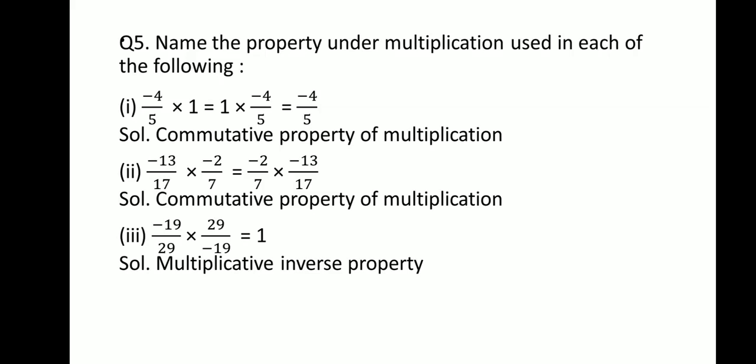Now, second part is minus 13 over 7 into minus 2 over 7 is equal to minus 2 over 7 into minus 13 over 7. So this is again interchanging of the rational numbers on both the sides. So it will be commutative property of multiplication. Coming to third part, it is minus 19 over 29 into 29 over minus 19, that is equal to 1. And we know that 1 is the multiplicative identity, and so this property is multiplicative inverse property.